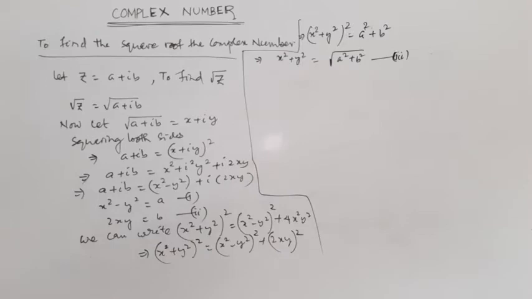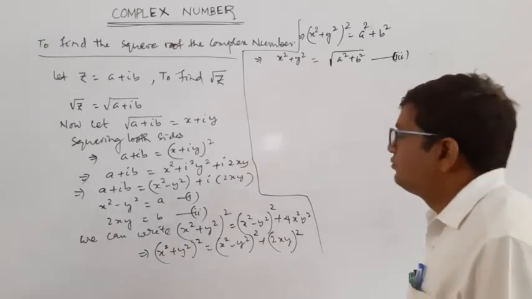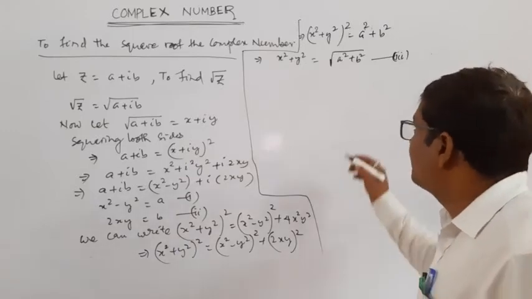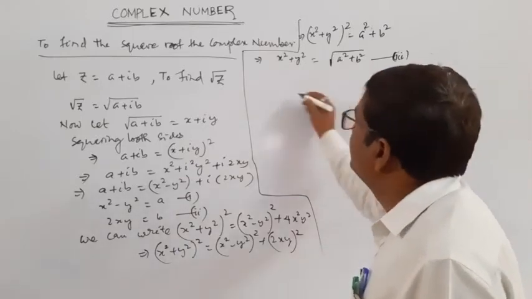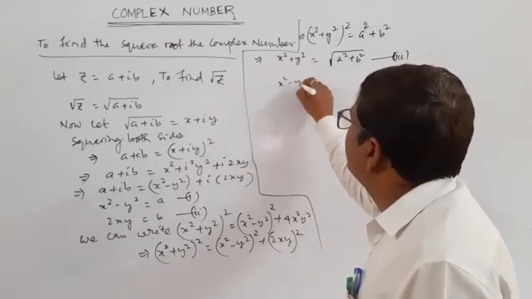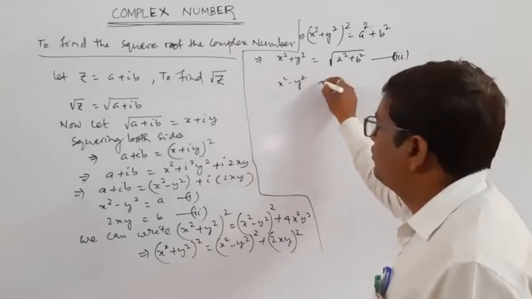Now to find the values of x and y, add equations 1 and 3. Equation 1 is x² − y² is equal to a.